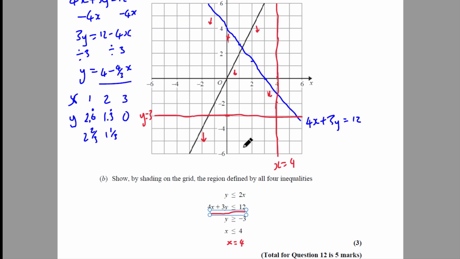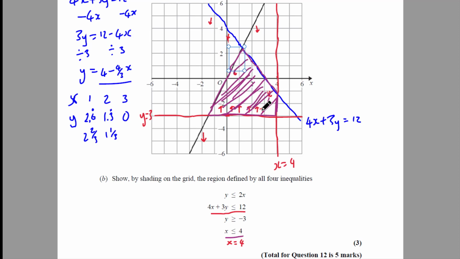Now y is greater than minus 3, so it's up here, but can we see we're bounded by this line here so far. So let me change colour pen. So now it's got to be in here, above this section here, below this section here. I mean, x is less than 4 is this way, so this is the shaded region, and that should make sense to you.